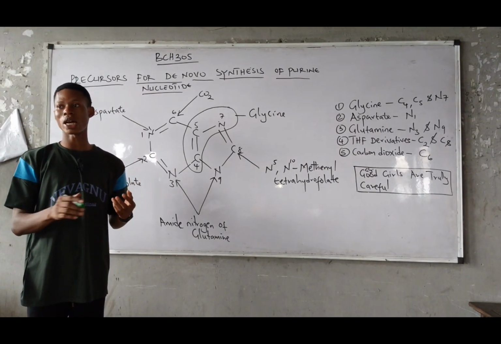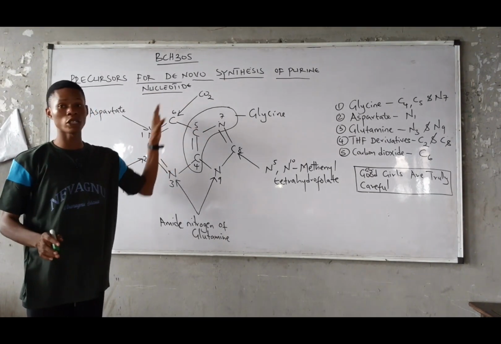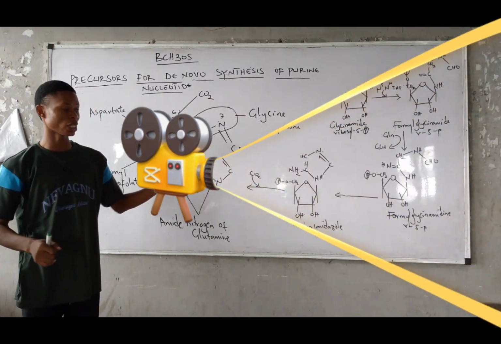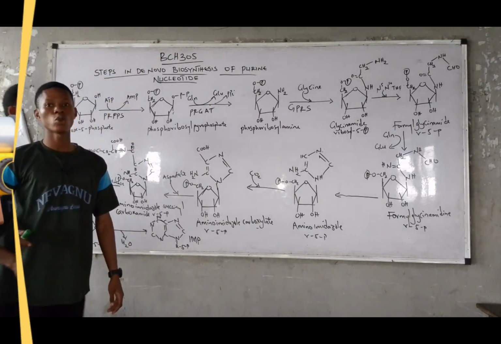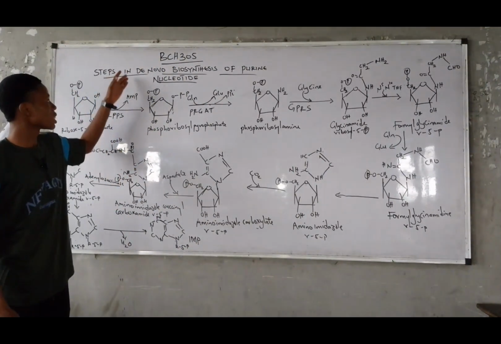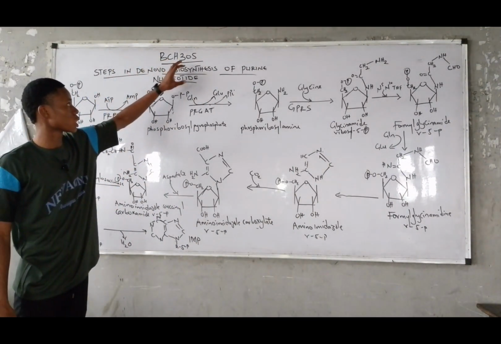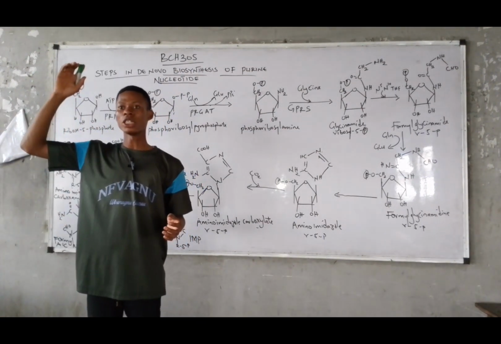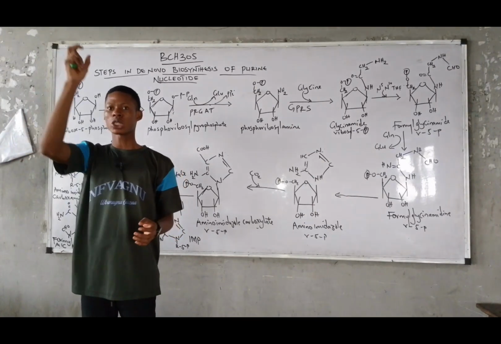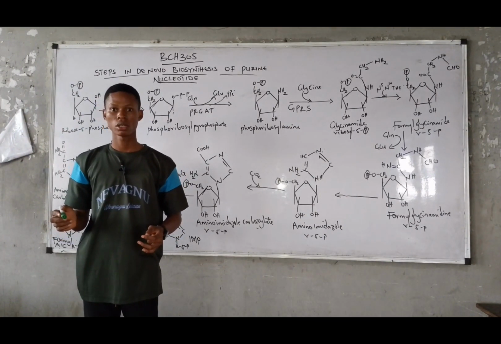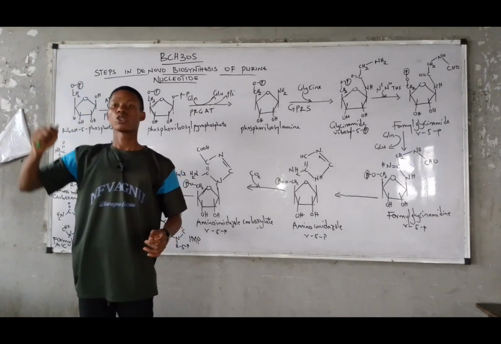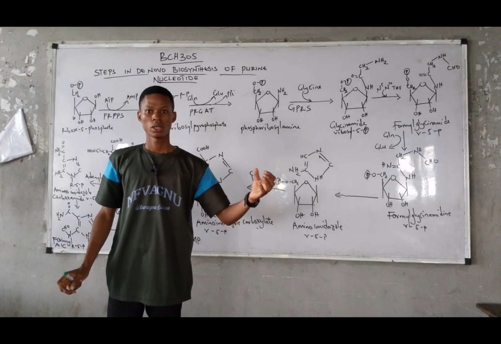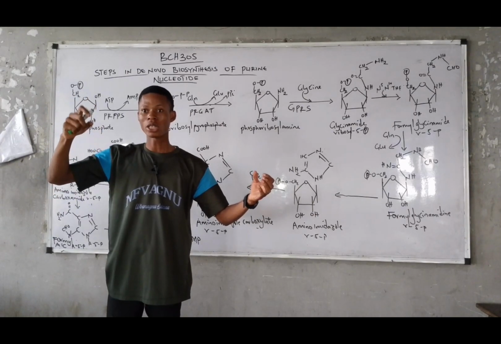And the good thing is, as we are going to synthesize, you are going to see how they come in, and you don't need to cram it. Now, let's look at the steps involved in the de novo synthesis of purine nucleotide. You already know that in the purine base, carbon 6 is provided by CO2, right? Nitrogen 3 and nitrogen 9 are provided by glutamine.